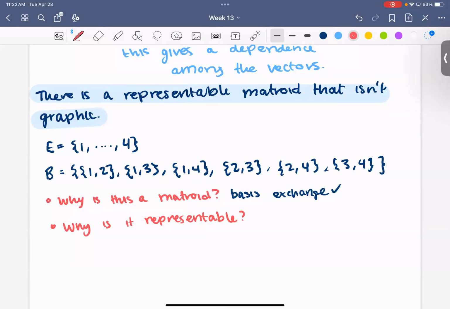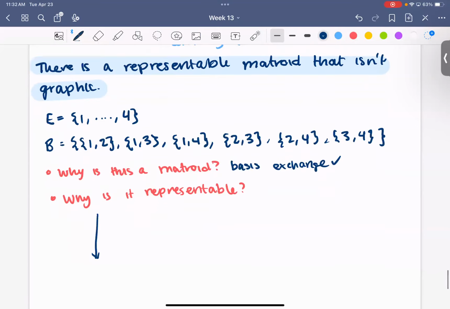Yeah, so in R2, we just need to pick vectors that are not lying on the same line going through the origin. So basically any random choice of vectors will work. Right, so any subset of size 2 of these is a basis. So this gives this matroid.